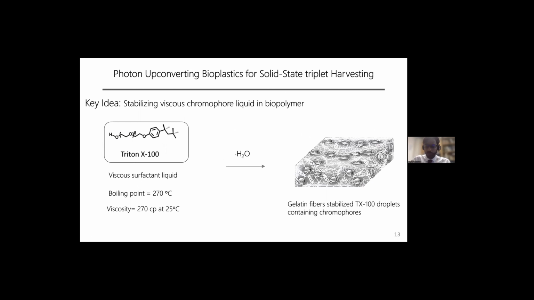After evaporation of the water, this surfactant liquid didn't evaporate. Instead, it formed isolated surfactant droplets inside the protein film. And in those isolated droplets, it also dispersed the chromophores very nicely, just like in the solution state.